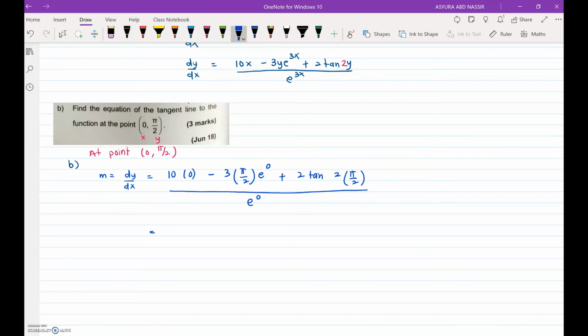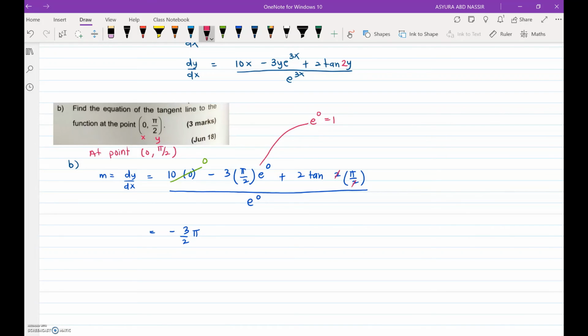When you calculate, this one will be 0, and this one will be negative 3 over 2 pi. Remember, e^0 equals 1. For this one, when you cancel out, you will have 2 tangent pi.